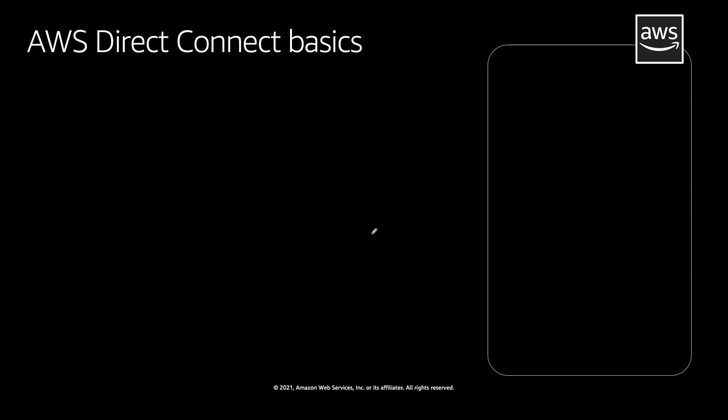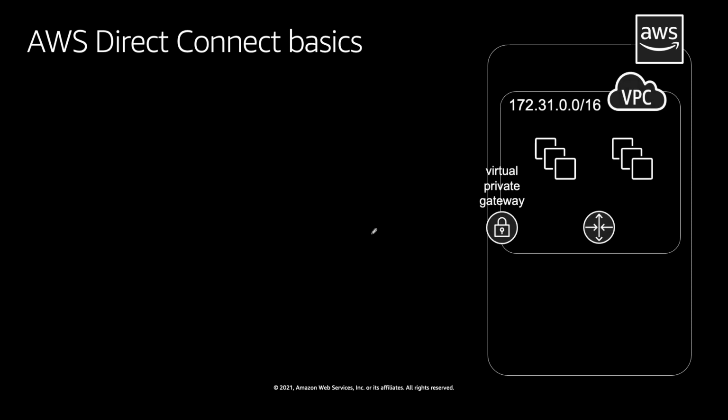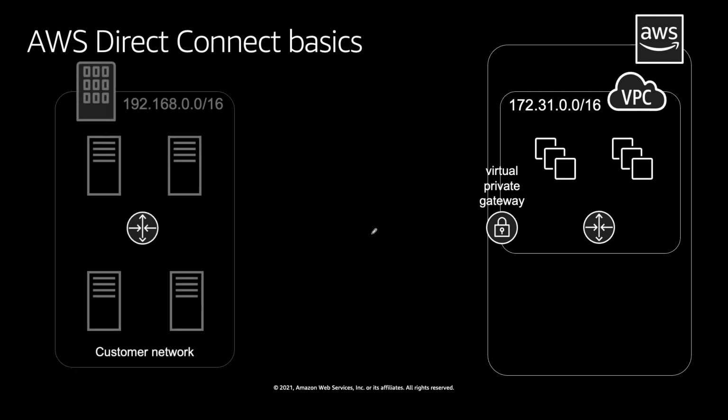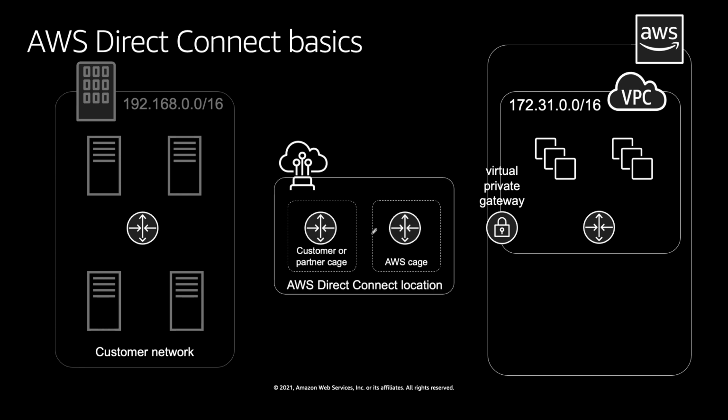Let's see the other option, how you can connect your AWS account with your on-premise infrastructure or on-premise data center using Direct Connect. Again, on the right hand side you have AWS, your VPC, your virtual private gateway, all remains the same, and this is your customer network or on-premise data center. But now we have something called Direct Connect locations.